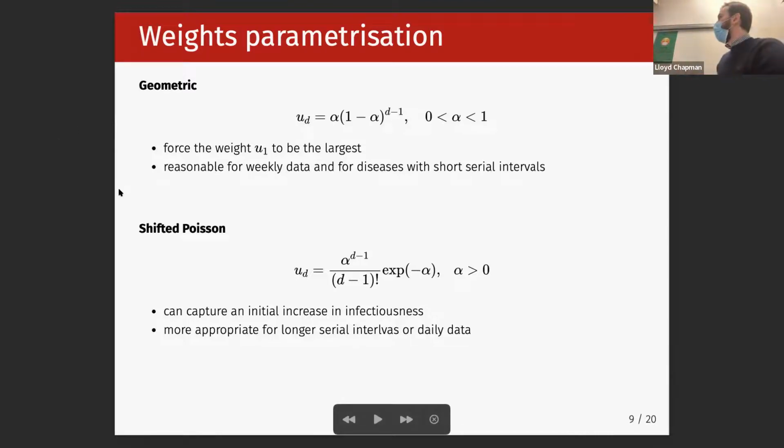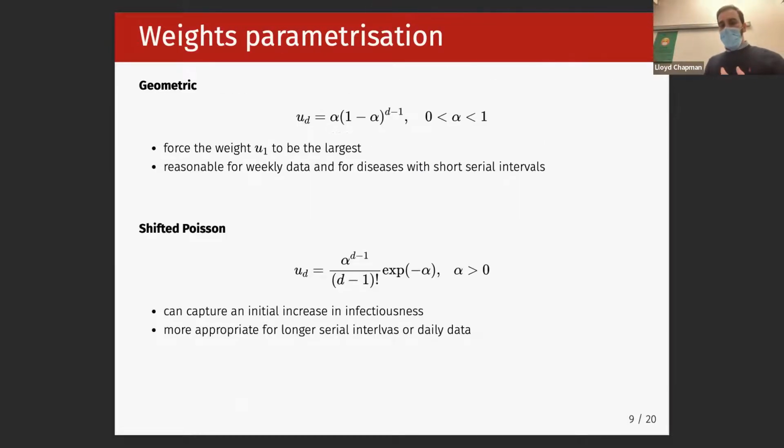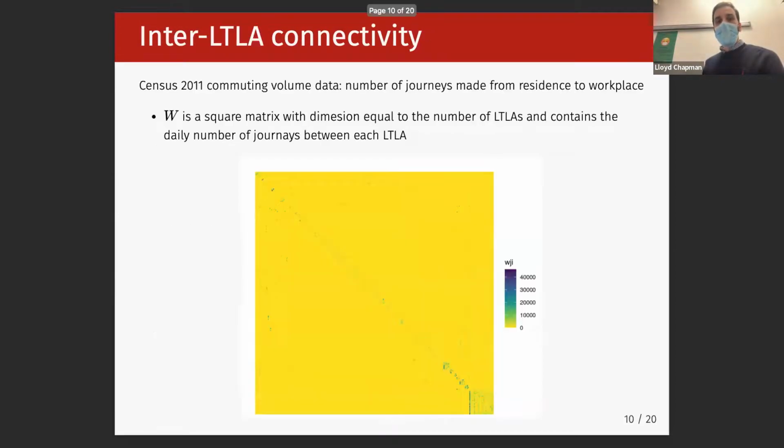While the shifted Poisson parameterization for the weights of the lags is more flexible because we can also have weights that increase and then decrease. So this is how we parameterize the weights for the lagged observations.